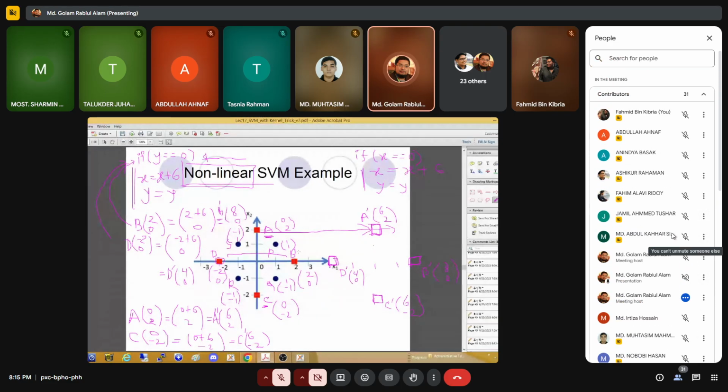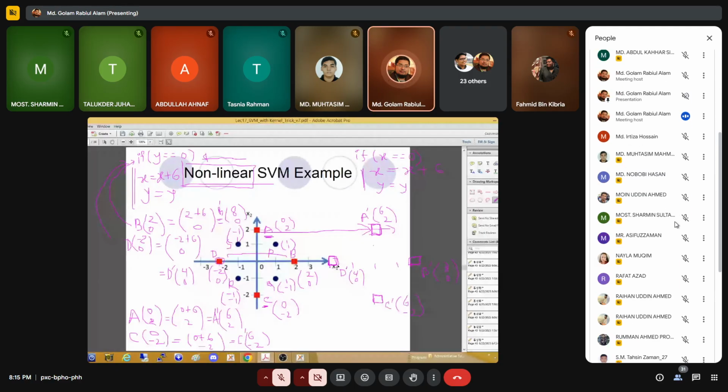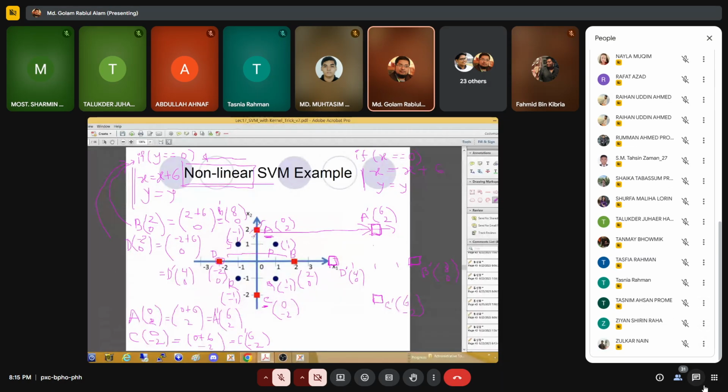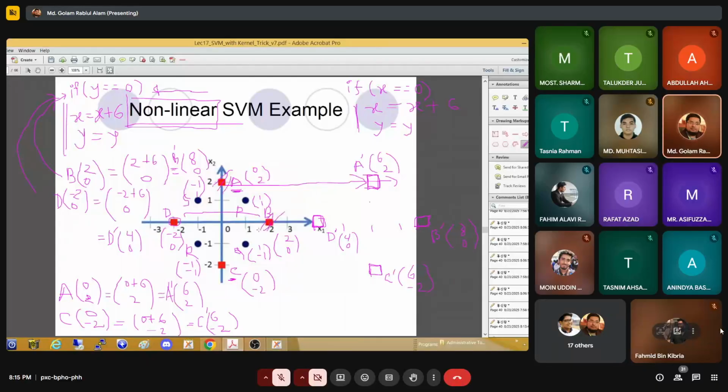Okay, so only the red squares will be shifted or translated, but the other data points will remain in the same position. So now we can see the new locations of A, B, C, and D.